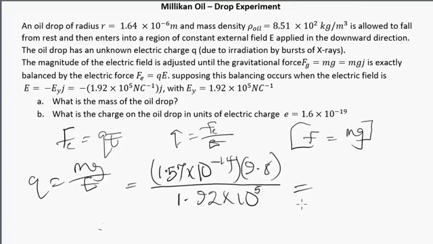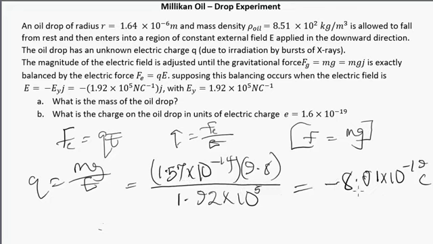When we check this on our calculator, we will have 8.01 times 10 to the power of minus 19 coulomb.